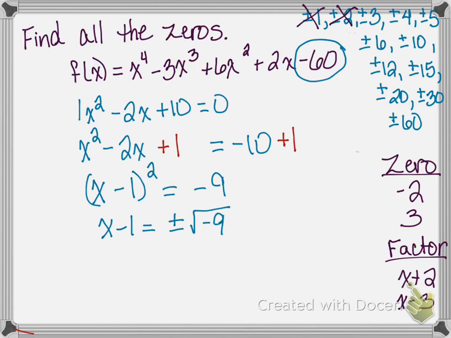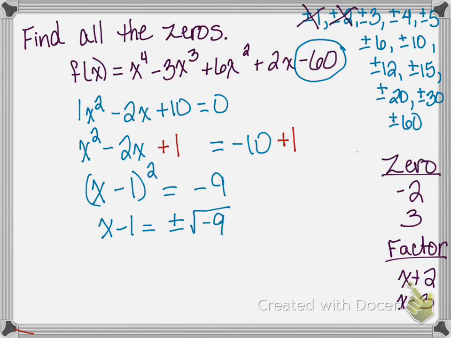Putting in that plus or minus right there immediately identifies that as two different answers. You're going to have plus the square root of negative 9, and you're going to have minus the square root of negative 9. Okay? So that plus or minus means I'm no longer talking about one solution, I'm talking about two. And remember, they travel in pairs if the answer is irrational or the answer is complex.